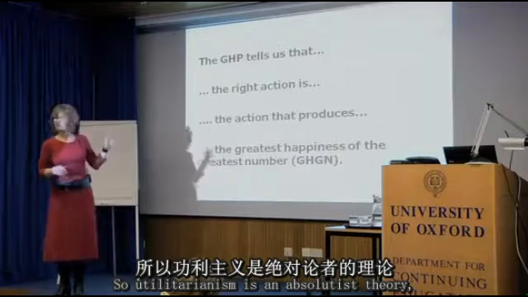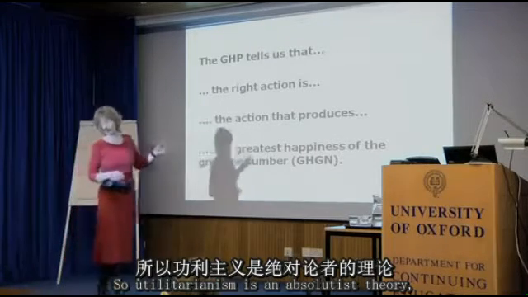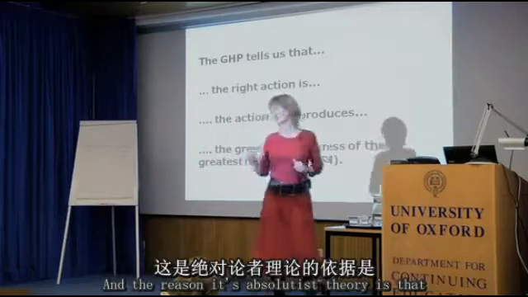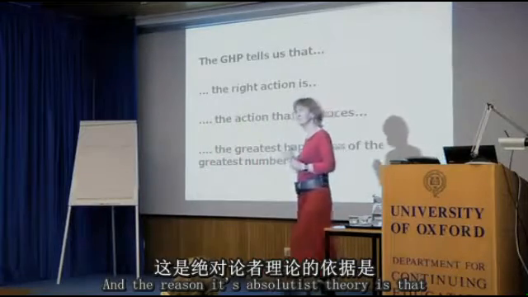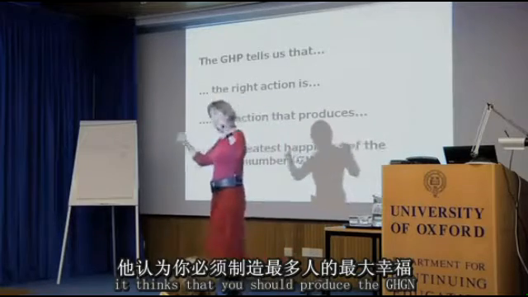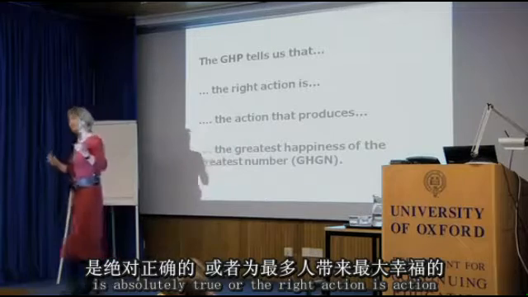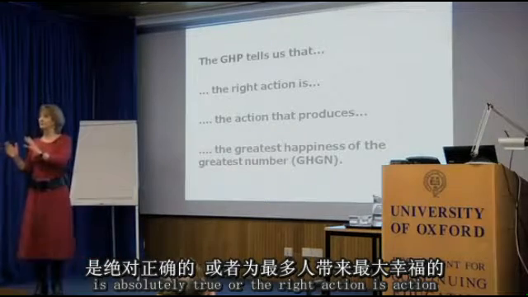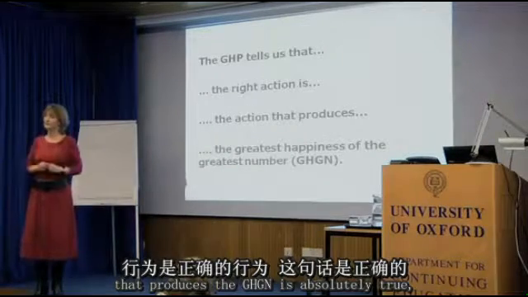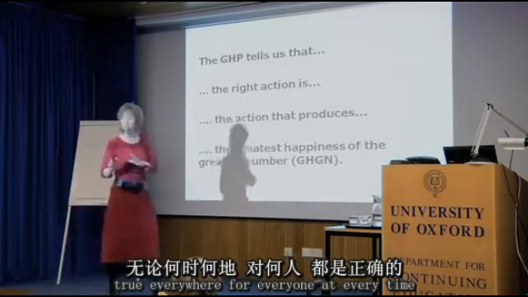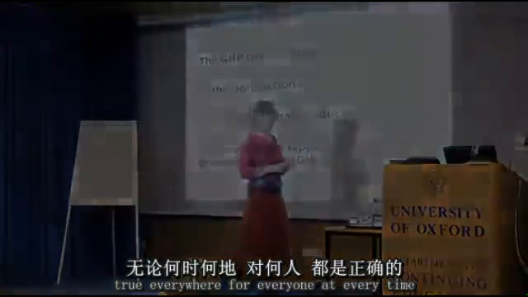So utilitarianism is an absolutist theory, not a relativistic theory, as lots of people think. The reason it's an absolutist theory is that it thinks that the right action, the action that produces the greatest happiness of the greatest number, is absolutely true. True everywhere, for everyone, at every time.